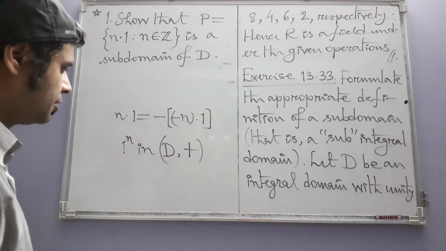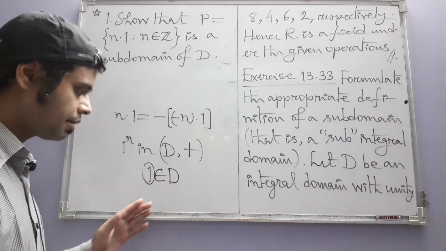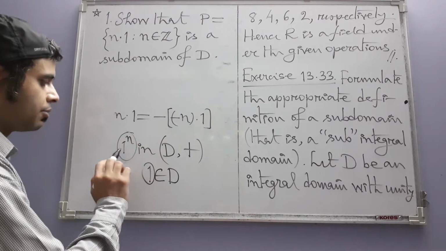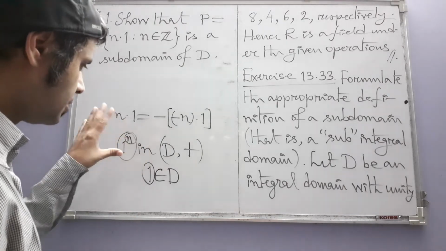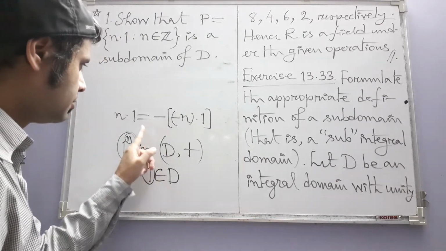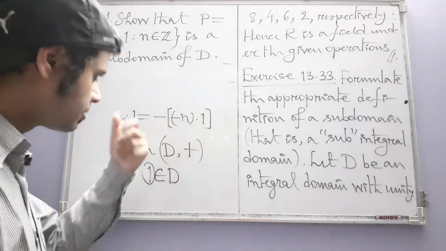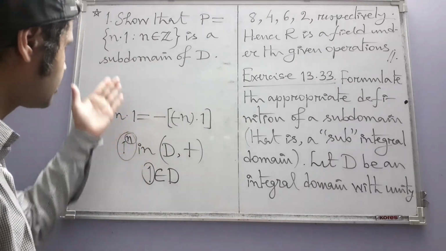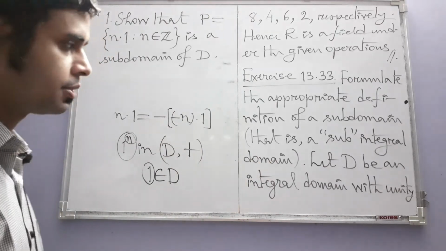In that abelian group, if you imagine this element 1, it is some element in this group, so you can then consider its integral power 1 to the power n, where the exponent n is an integer, where this integral power has its usual meaning. Now that usual meaning reduces, in this case because the operation is addition, to just these things. So these n dot 1s are nothing but integral powers of the element 1 in the additive group D. Okay, so that's the meaning.